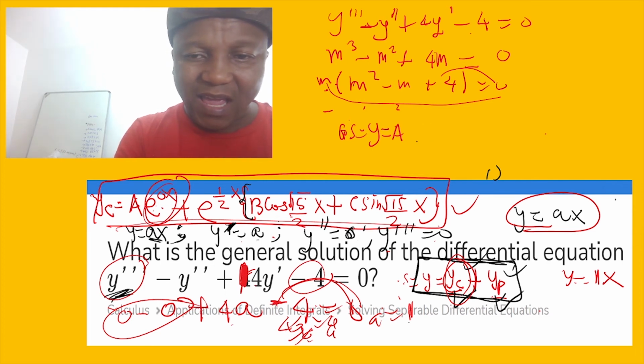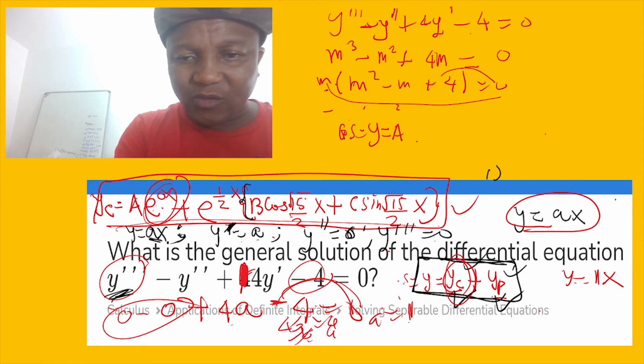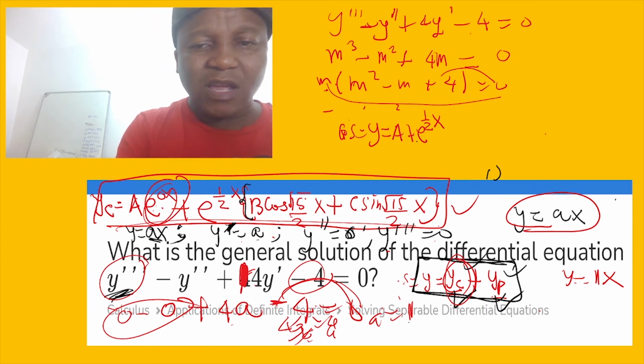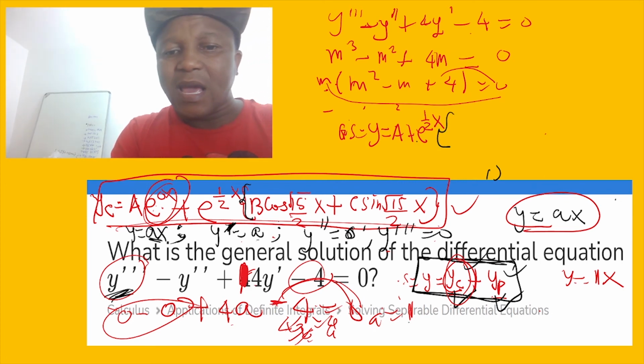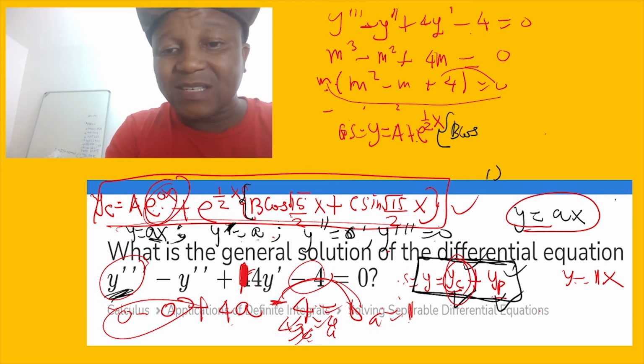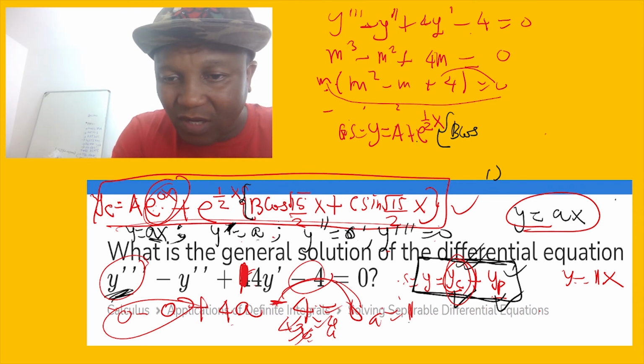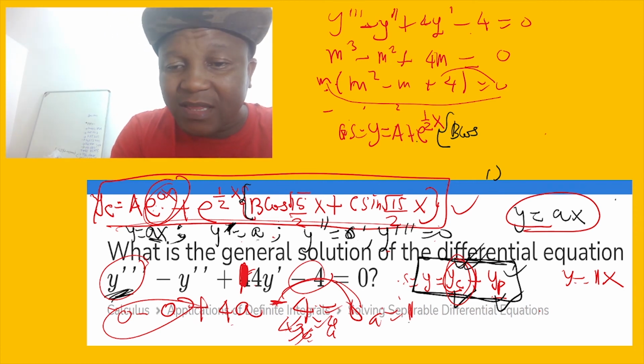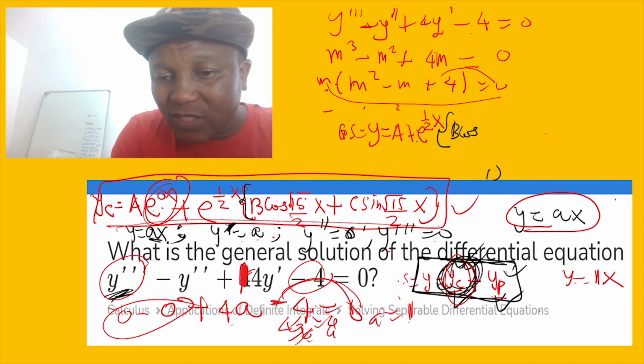So I can simply say a here, and then plus a half x. And then open the bracket and write everything inside here, because this is complementary, still the general solution. And then remember, we must take auxiliary plus complementary.